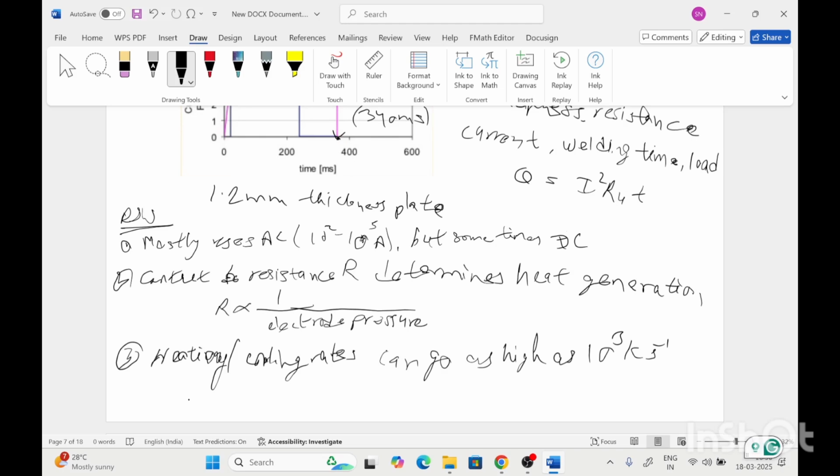And generally, the welding configuration is lap joint, and the thickness of the plates is also mostly 1.2 mm.